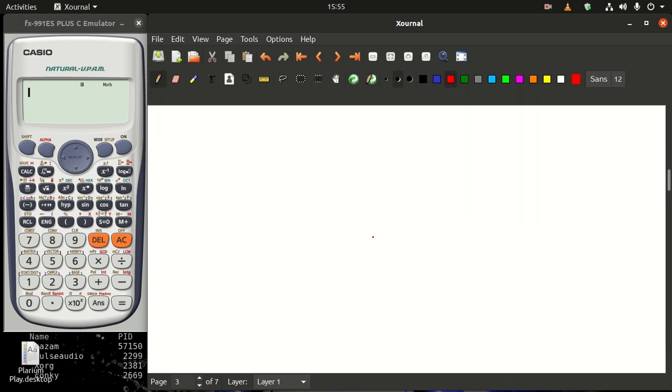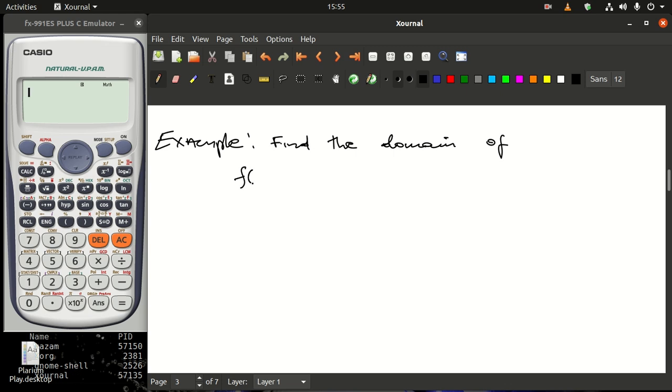Now I want us to actually find a nice example. How can we actually use composition functions to find the domain of the composition functions? Is that even hard? So this example would be: find the domain of f of x equal to, let's use log.